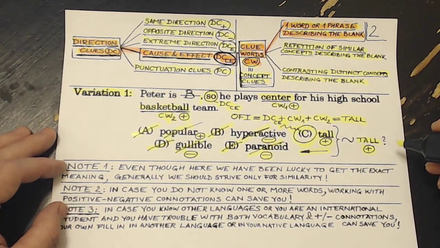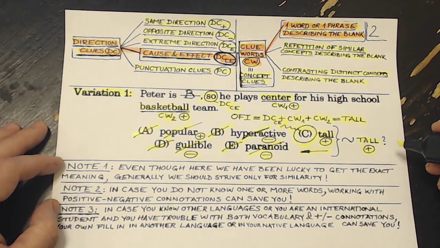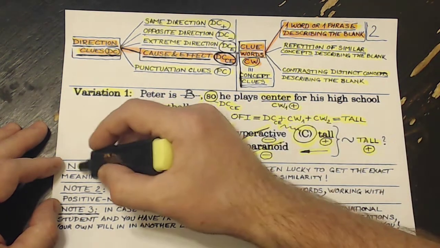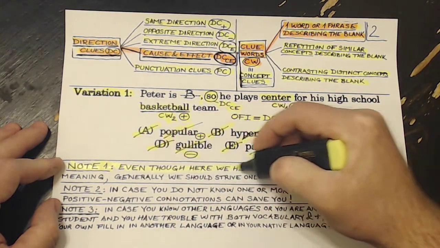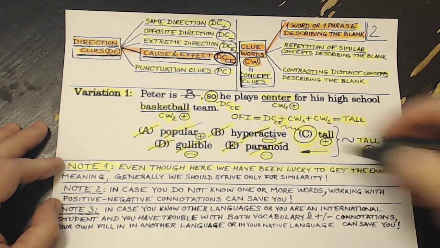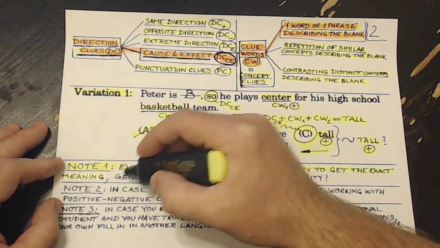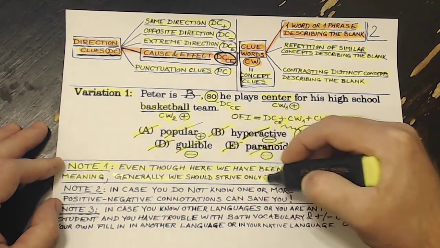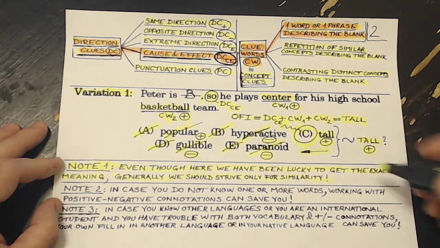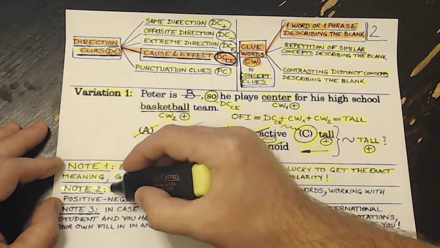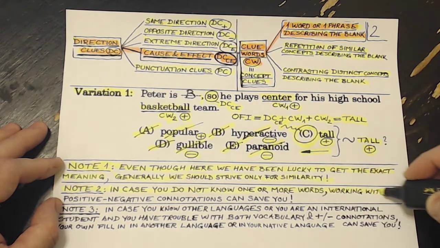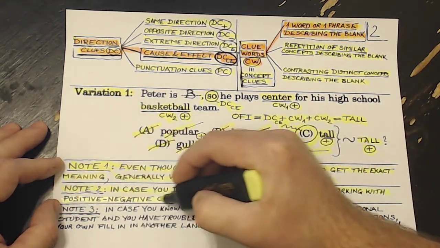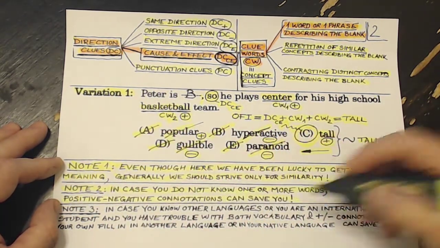Okay. Now, what are the takeaway lessons from this exercise? Note 1. Even though here we have been lucky to get the exact match, exact meaning, generally we should strive only for similarity. Note 2. In case you do not know one or more words, working with positive negative connotations can save you.